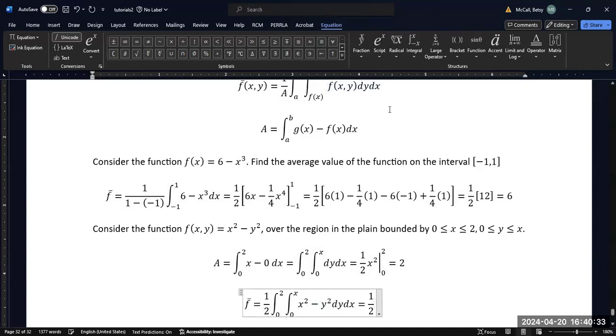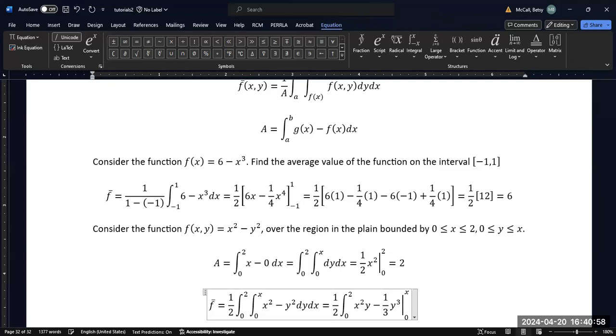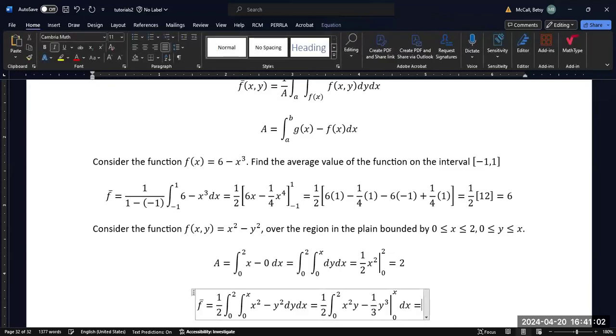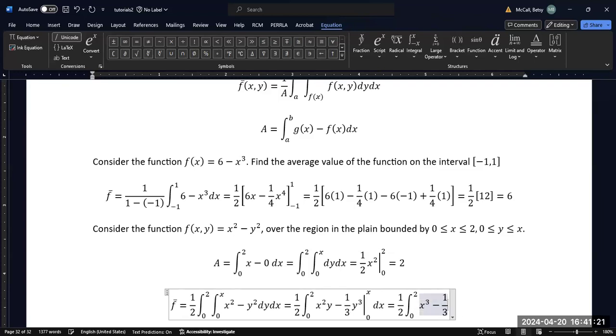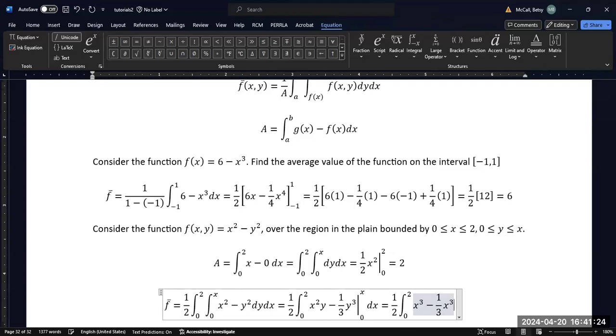Now, if I integrate with respect to y first, then I'm going to get x squared y minus 1/3 y cubed evaluated between 0 and x, and when I plug in x, x squared times x is going to be x cubed minus 1/3 x cubed minus 0.